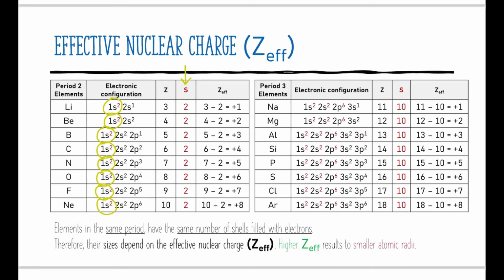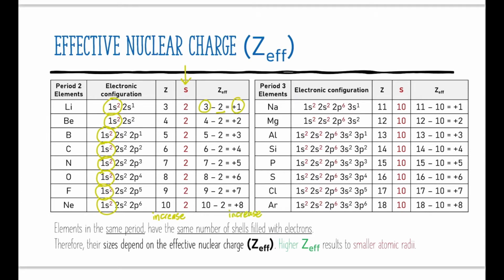To calculate the effective nuclear charge, we just minus the proton number with the inner electrons. Therefore, you will find out the value of the effective nuclear charge. As you can see, across the period, the proton number will increase, as well as the effective nuclear charge.